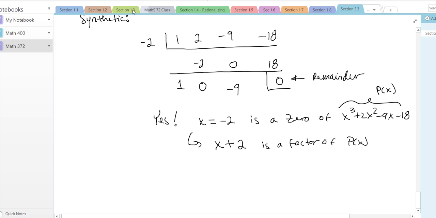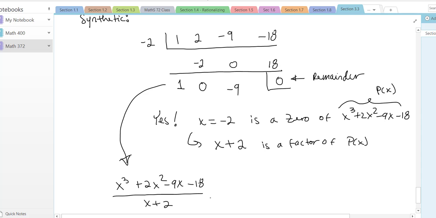So now how do we write that division problem? So here, right, I'm going to say that my division, which was x cubed plus 2x squared minus 9x minus 18, our dividend, divided by x plus 2 is equal to our quotient. So this is the quotient.